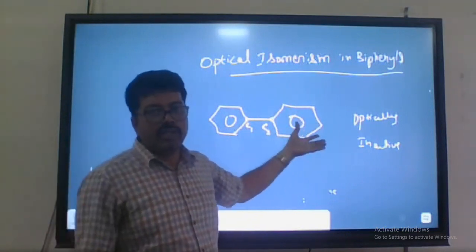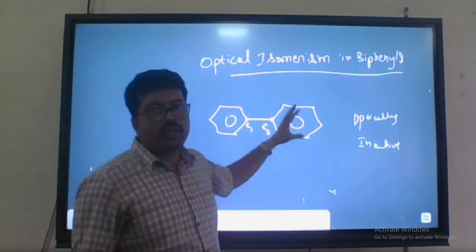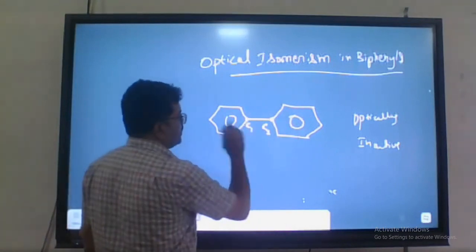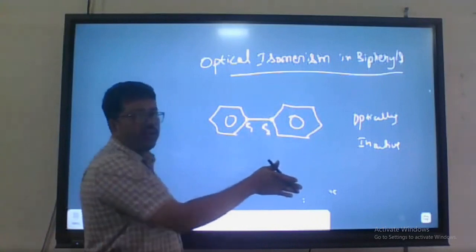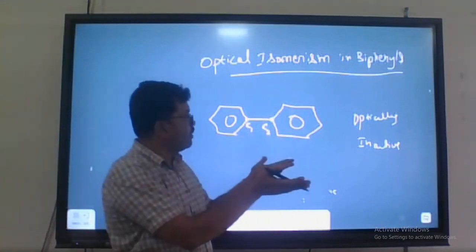The reason is that the molecule has a plane of symmetry. If you cut this molecule, it becomes equal halves that are mirror images.